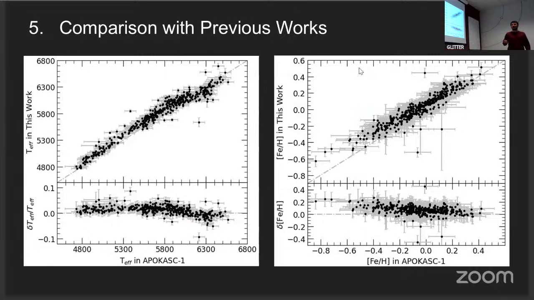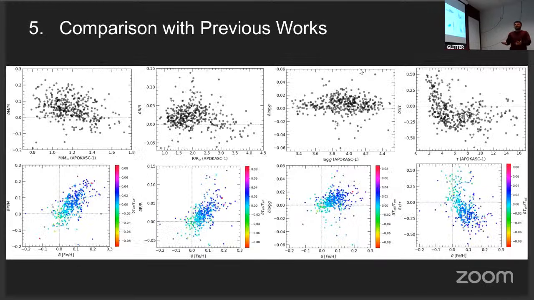That's because in the first APOKASC, they used different effective temperatures and different metallicities than the ones that we are using. So this also implies that we will have huge differences in masses, radii, surface gravity, and ages, which are mainly due to differences in the metallicity and in the effective temperature.